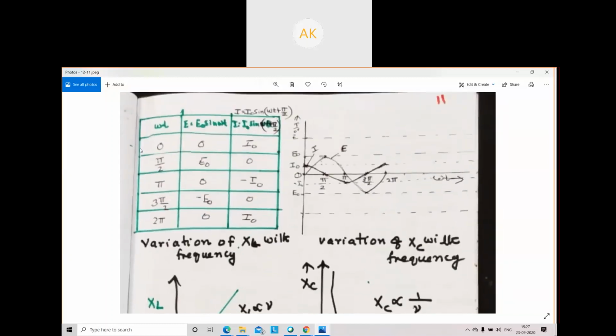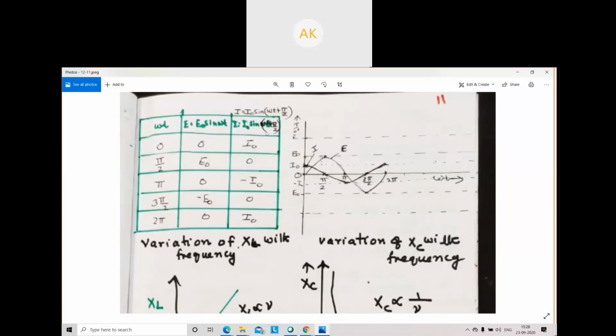See, omega t is 0. What is the value of EMF? What is the value of current? E equals E0 sin omega t, but I equals I0 sin of omega t plus pi by 2. Current is leading, so that factor you have to write here. When omega t is 0, sin 0 is 0, so E becomes 0.